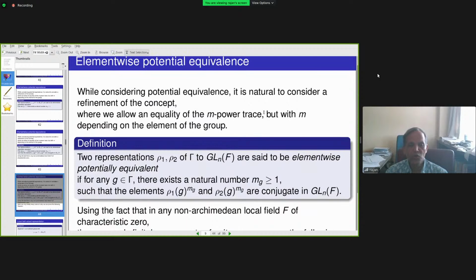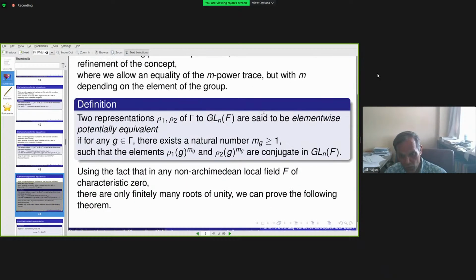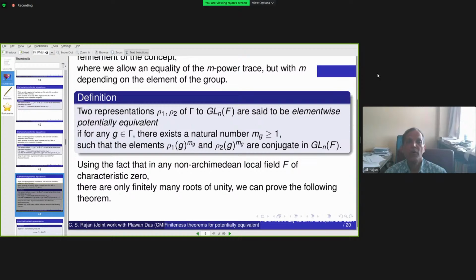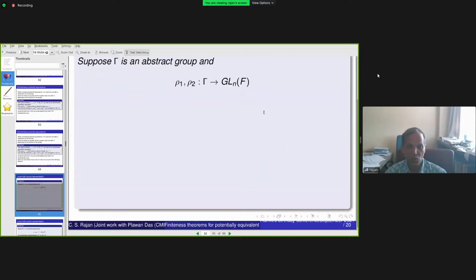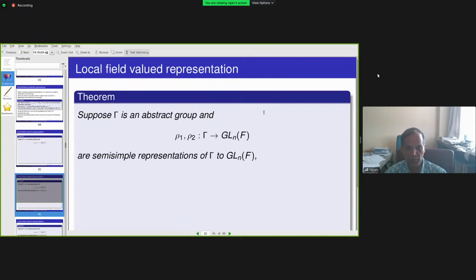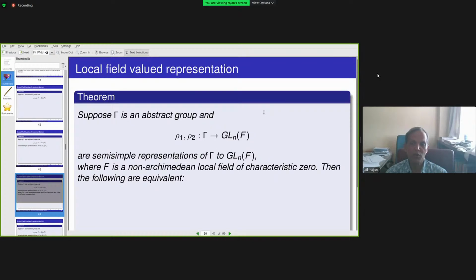What we are going to use is the fact that there are only finitely many roots of unity in any non-Archimedean local field of characteristic 0. Using this fact, we can prove the following theorem. Again I work with an abstract group and representations ρ1, ρ2 as before, semi-simple, but now F is a non-Archimedean local field of characteristic 0. Then the following are equivalent.